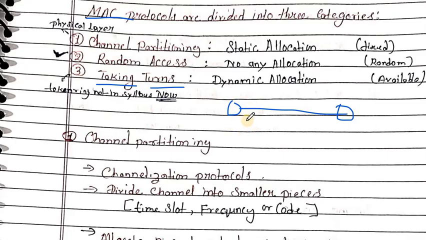But if the channel is not available, then it waits for its chance to send the data. In static allocation there is a fixed time. Random access has a chance of collision. Here you get the chance by availability. If the channel is available, then you get the chance; if not, then you don't. So here the chance of collision does not happen. In random allocation, the chance of collision happens.